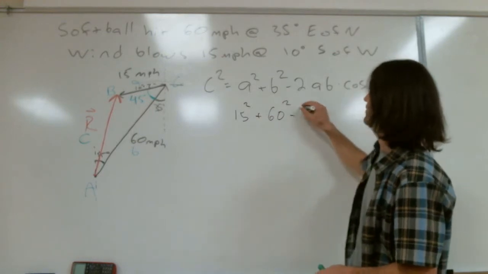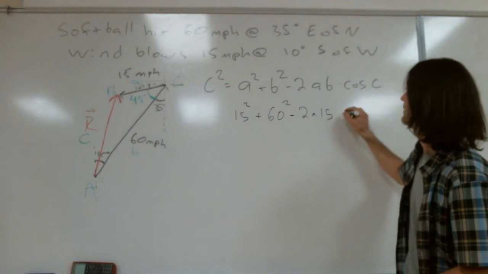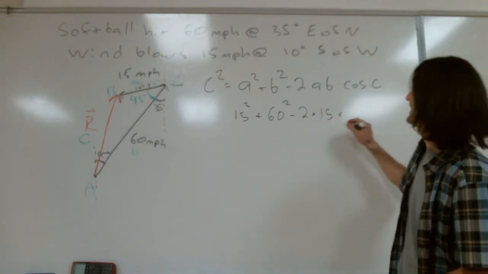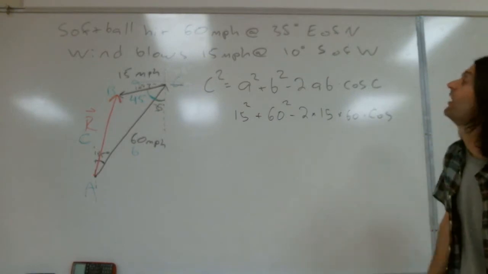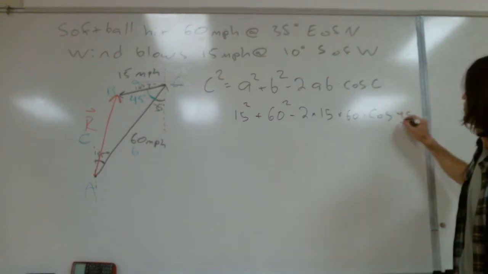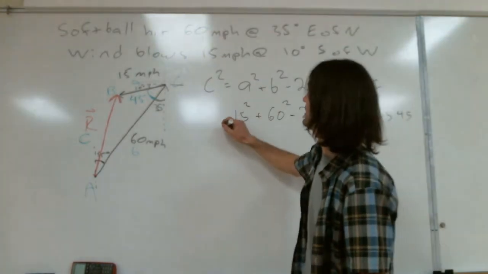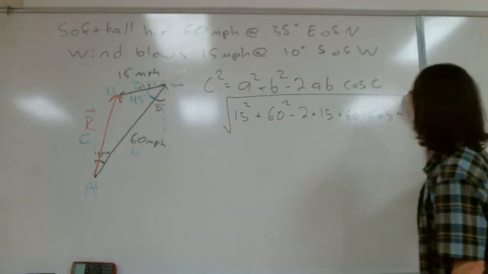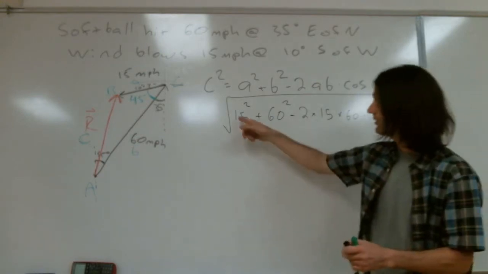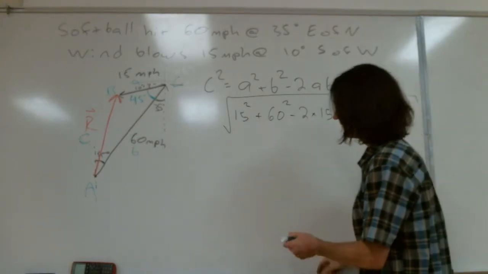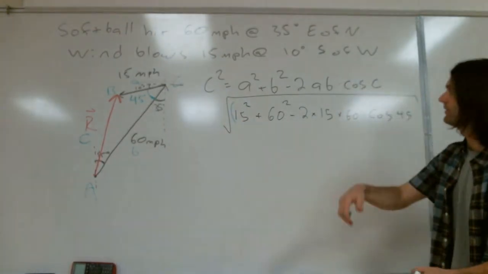I'm going to subtract from that 2 times 15 times 60 times the cosine of 45 degrees. And all of that is going to be square rooted. When you push the second square root button, the calculator will give you a parenthesis there. Use it.